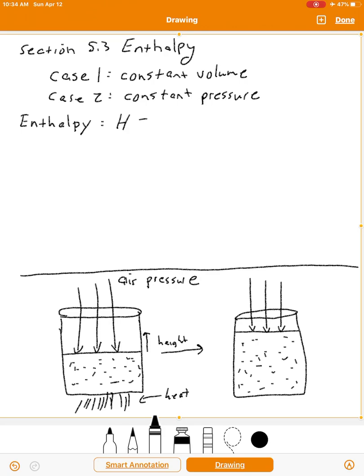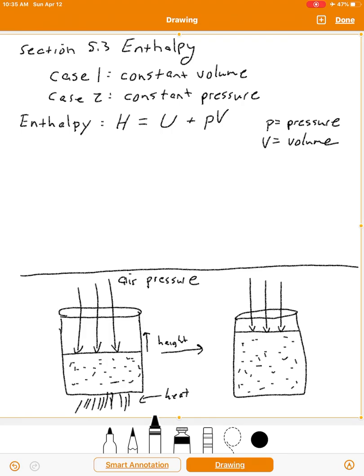And I'm going to define it as the internal energy of the gas plus P times V, where P is the pressure of the gas and V is the volume of the gas. Okay? I won't explain to you exactly why we define it this way, but the result is the reason. It turns out if we define it this way, the results work out well.